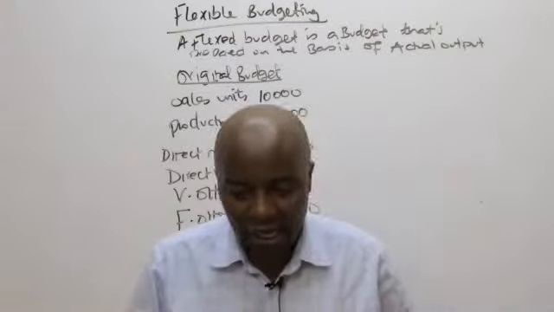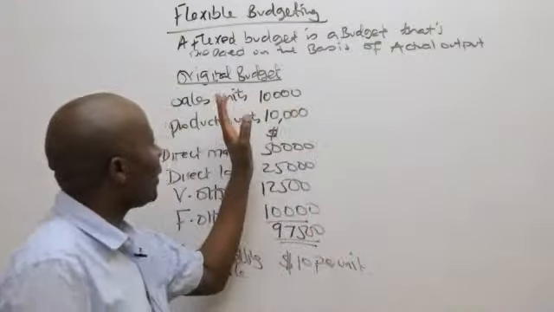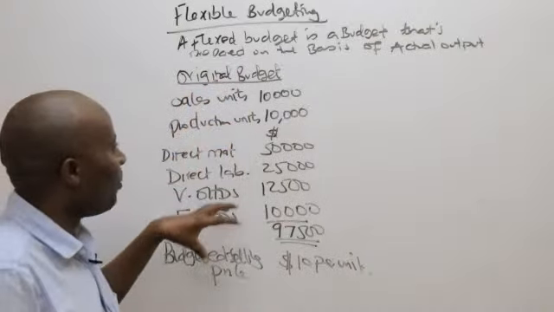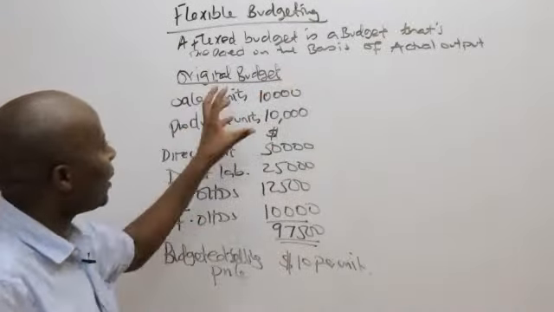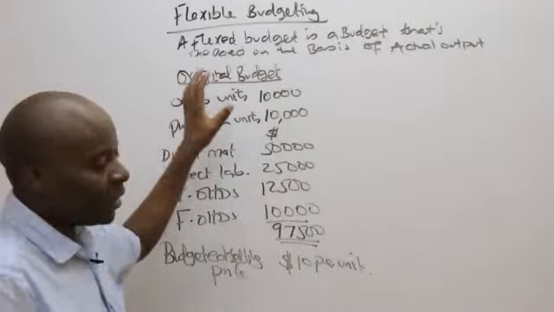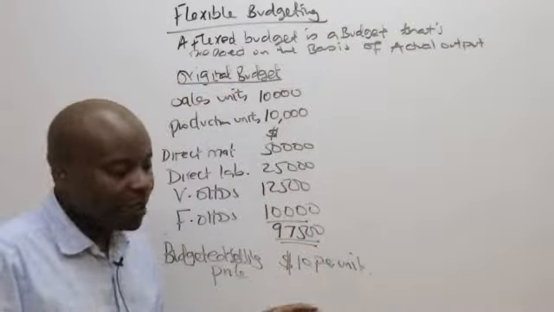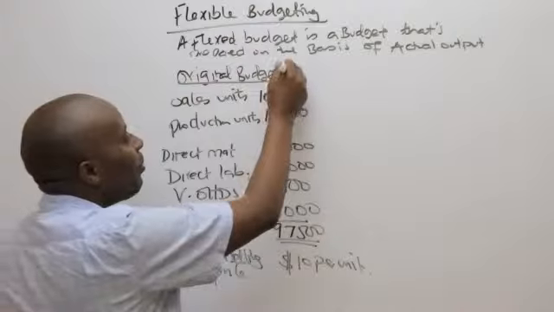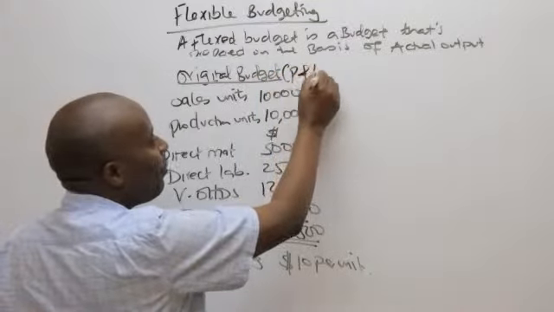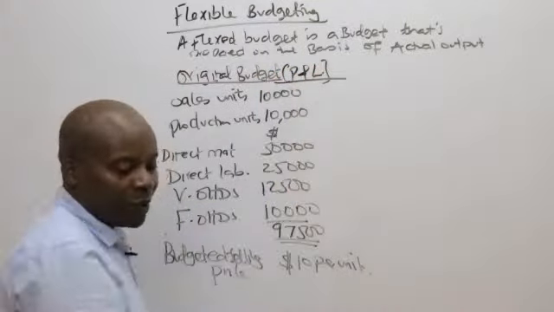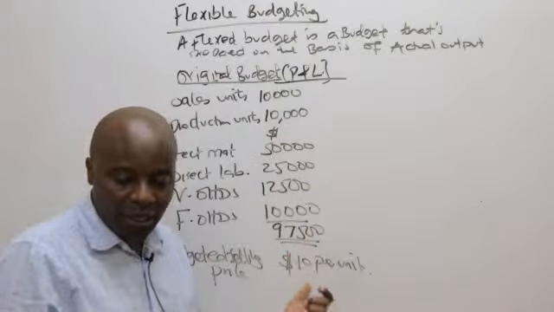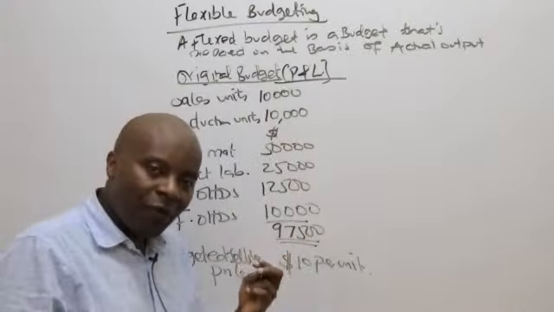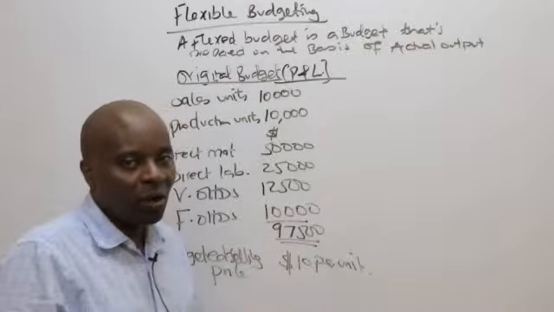Now here we are. When you give me this kind of budgetary information and you want me to flex your budget, the first thing that I will do is prepare the original budget. This original budget is basically a profit and loss account, where we need to tell the examiner whether we have a profit or a loss.